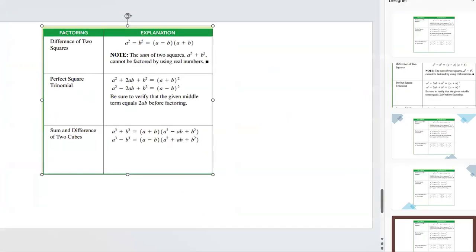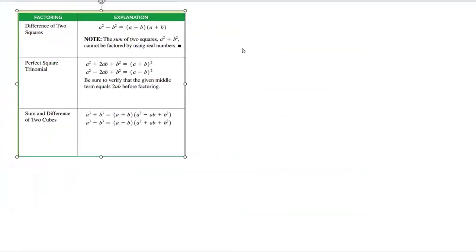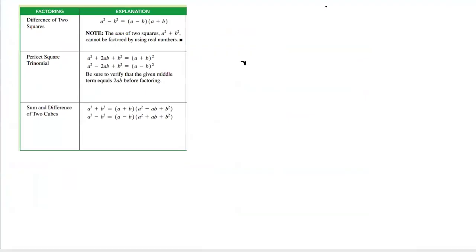Okay, so one example is y cubed plus 27. Again, they want us to factor this out. Well, I'm going to rewrite 27 as 3 to the third power because 3 times 3 times 3 is 27, and I'm going to have just y cubed and rewrite it down here.